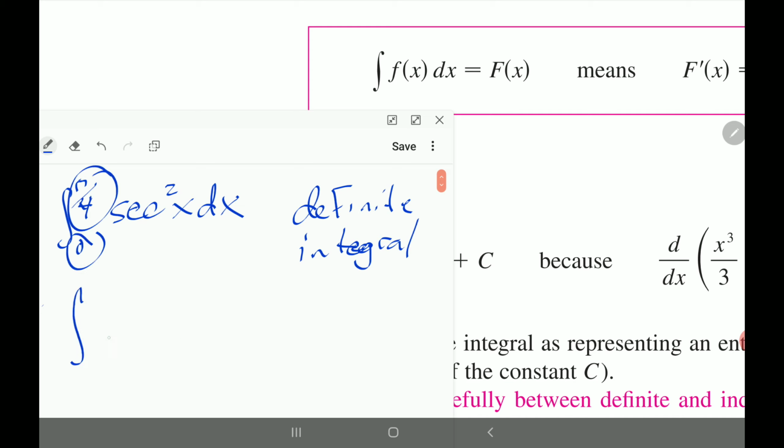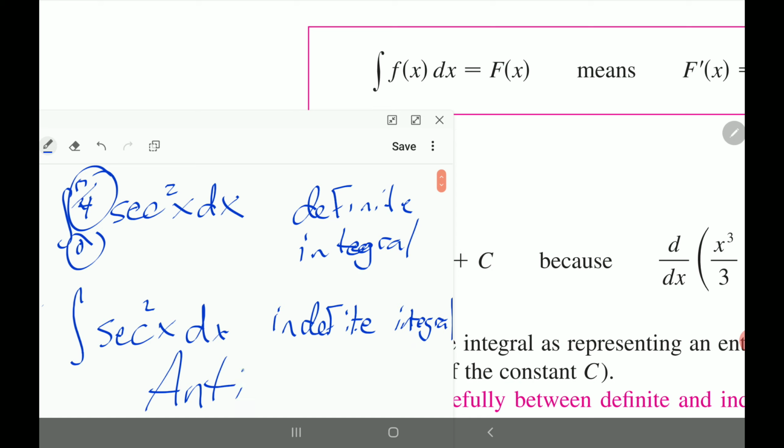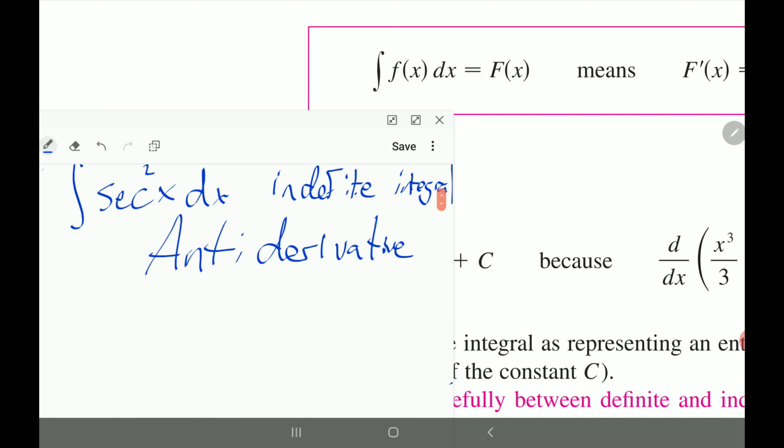If it was just the integral of secant squared x dx, this would be an indefinite integral, which just means antiderivative. So you really already know this, because the one thing we didn't do on definite integrals is add the constant. So that would be tangent x plus c, done.